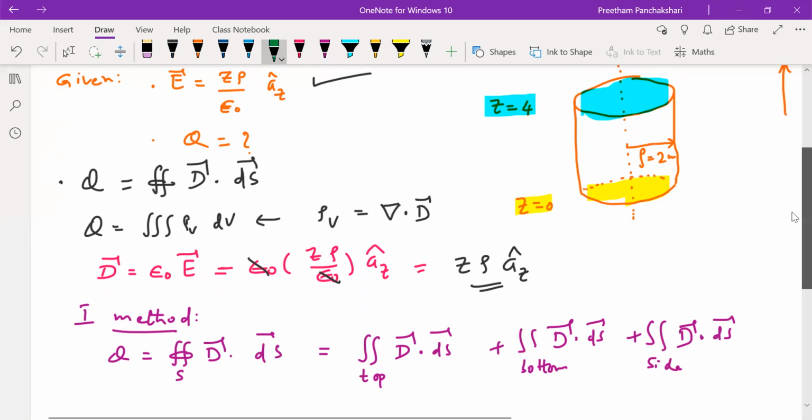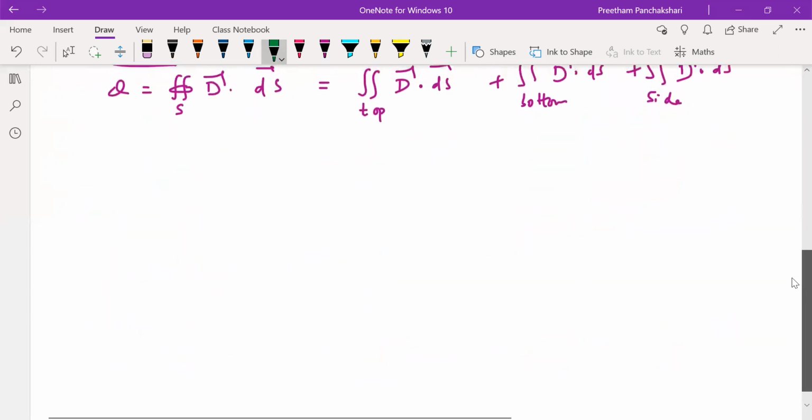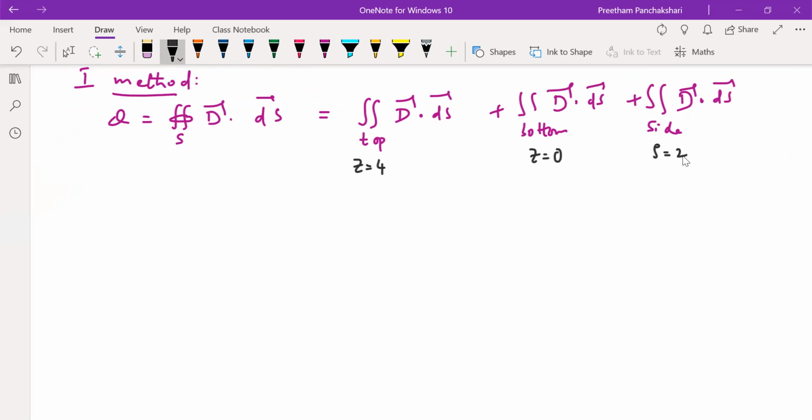Let us get back to the problem. Here, we can also mention: on the top surface, z equal to 4; bottom surface, z equal to 0; cylindrical side, rho equal to 2.